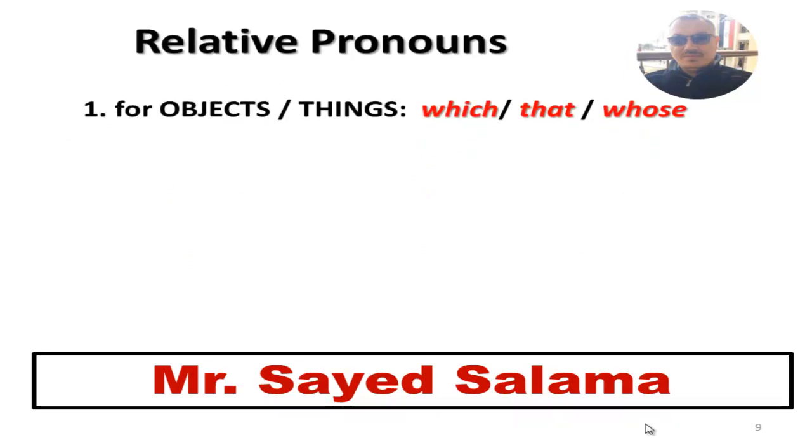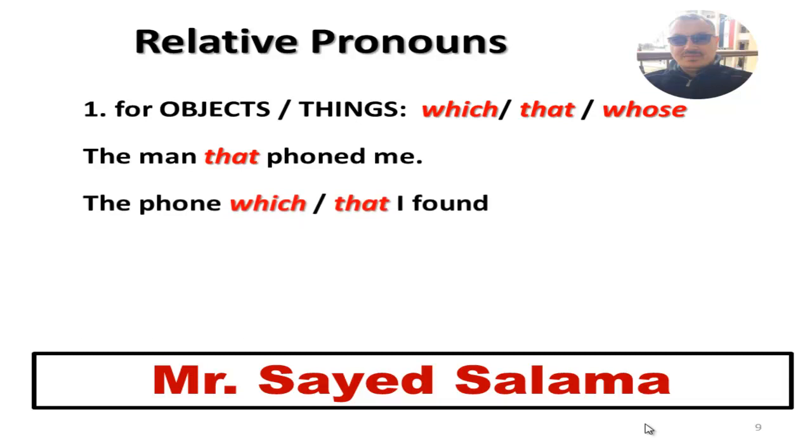For objects or things, we use relative pronouns such as which, that, and whose. The phone which or that I found.